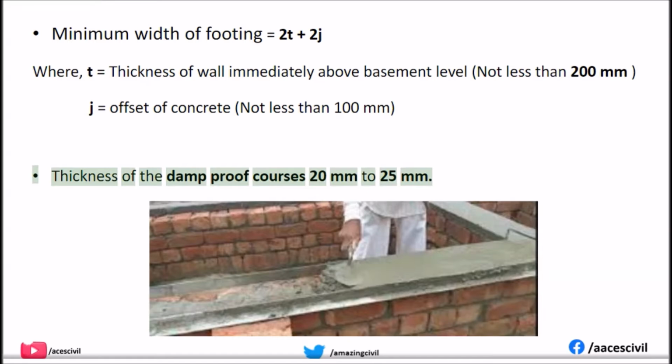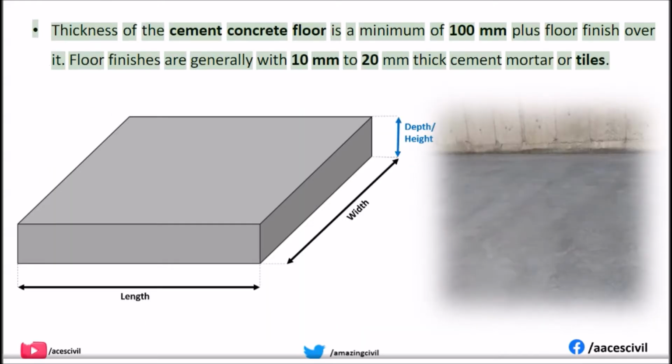Thickness of the damp-proof course is 20 mm to 25 mm. Thickness of the cement concrete floor is a minimum of 100 mm plus floor finish over it. Floor finishes are generally 10 mm to 20 mm thick cement mortar or tiles.